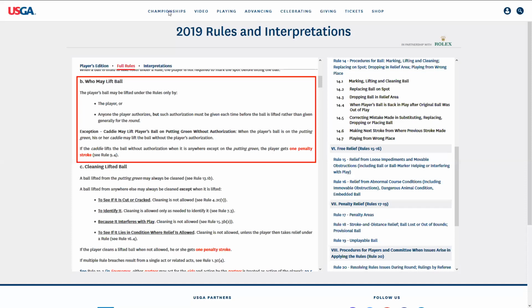to identify it under 7.3, because it interferes with play under 15.3b. And lastly, to see if it lies in the condition where relief is allowed. And that was the old Rule 21. That last bullet point was in a prior rules decision that has now been moved into the rules themselves.